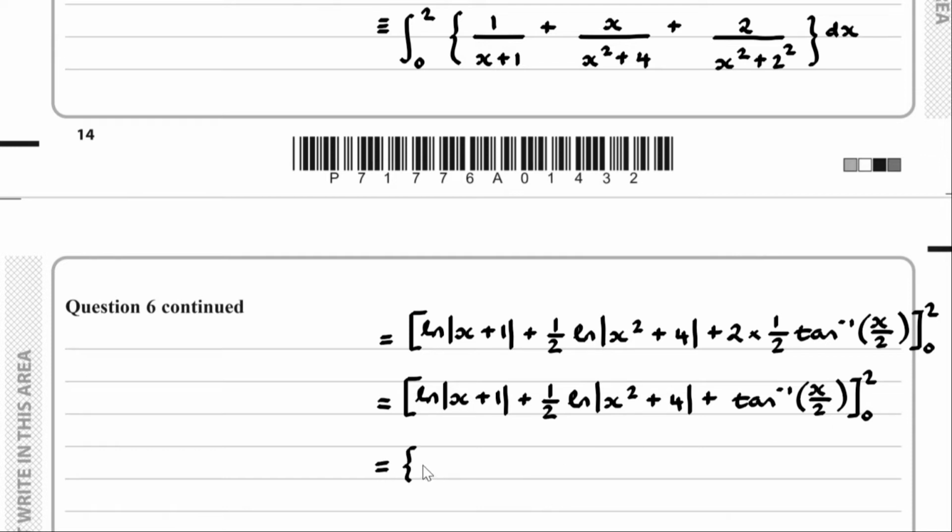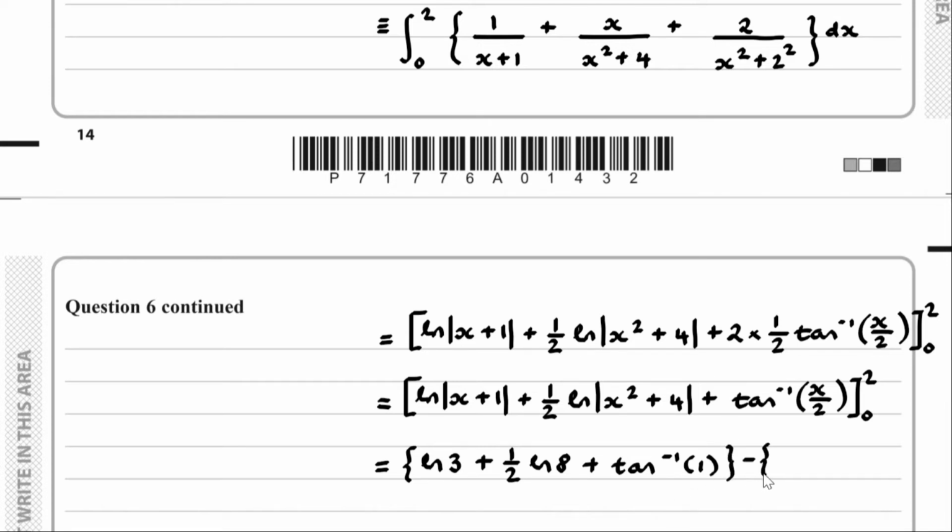For the upper limit, we've got the natural log of 2 plus 1, so that's the natural log of 3. And then we've got 1/2 times the natural log of? Well, here I've got 2 squared plus 4, so that is a half times the natural log of 8. And then I've got the inverse tangent of 1, because I've got 2 over 2, which is 1.